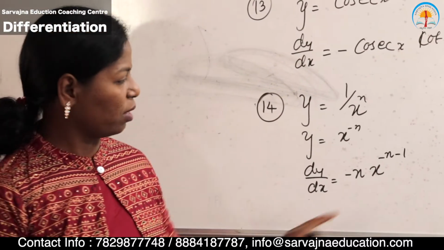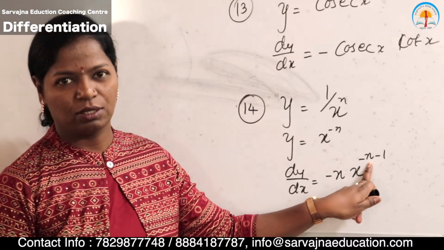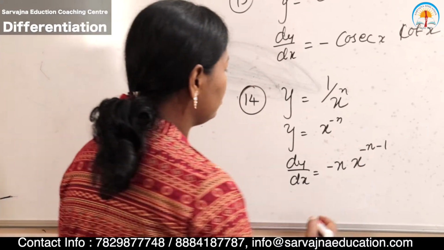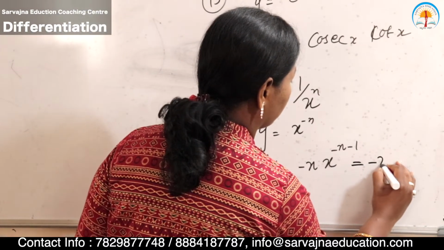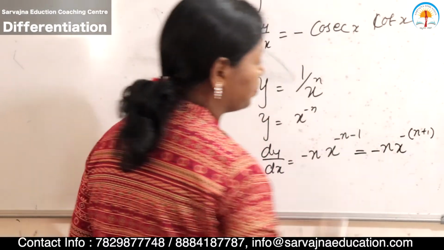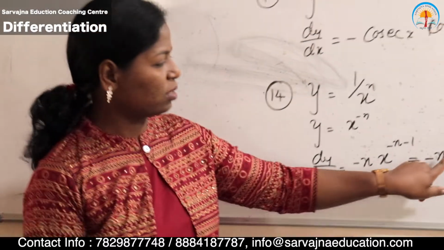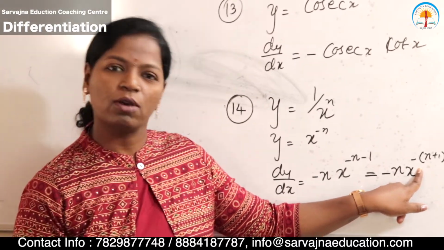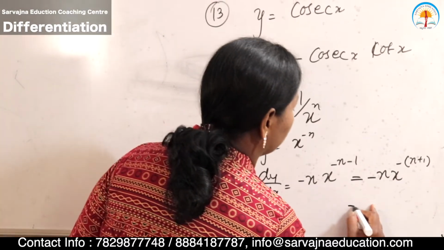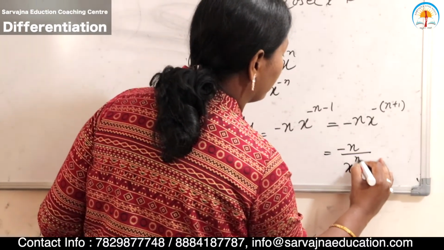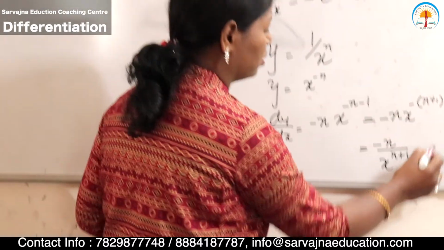Now in the power two minuses are there, correct. So I have to take a minus common here. Minus n x to the power of minus of n plus 1. Now the power is negative. If the power is negative, I have to bring it down, and it will become positive. So minus n divided by x to the power of n plus 1. That's all, guys.